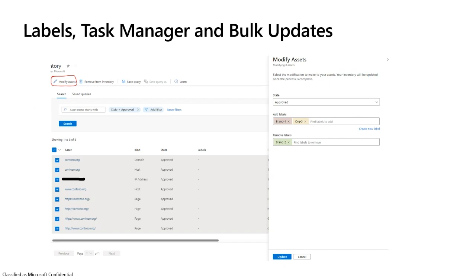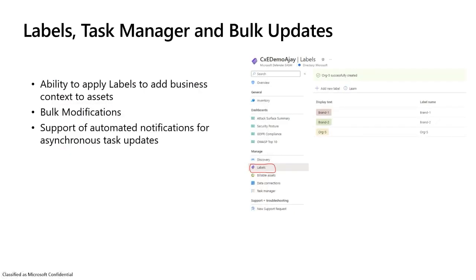You can go into the task manager, as we have here on the left pane, along with labels, billable assets, data connections, and task manager. You can go in there and look at a list of jobs that have run, that have completed, or even failed for some reason.